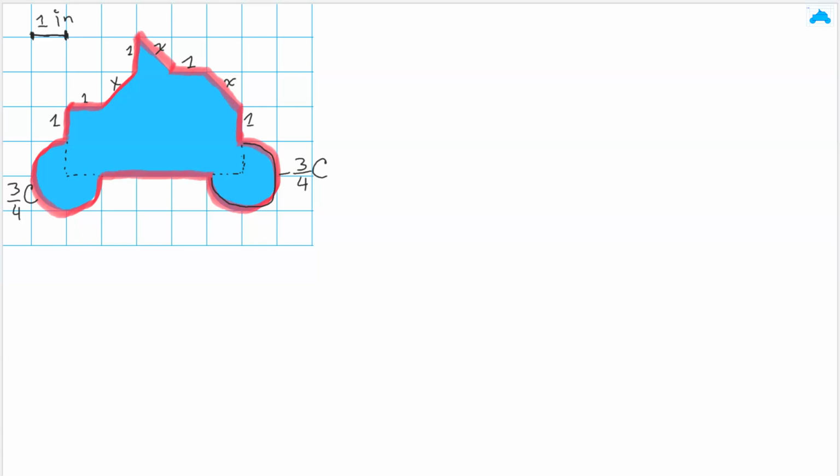And then we have this length in between, and that is 1, 2, 3. So before we even go and find the perimeter of this shape, we need to find out what that diagonal X is, right? So how do we find that diagonal X? That is this right triangle right here. This is 1, this is 1, and this is X.